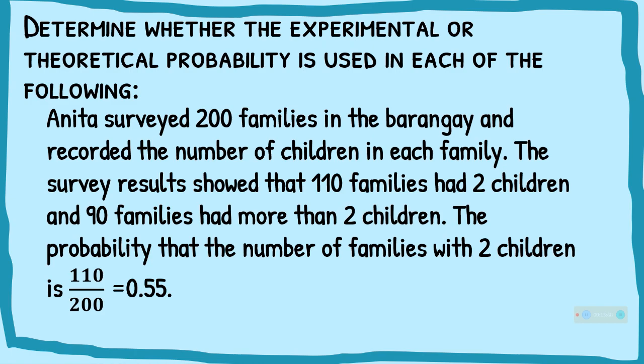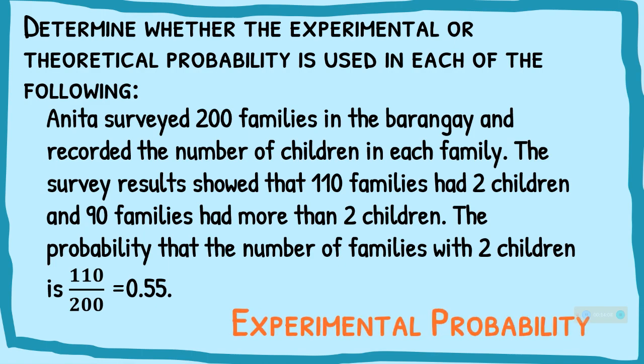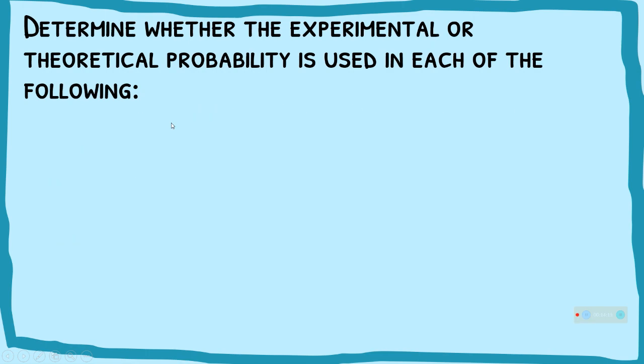The survey results show that 110 families had 2 children and 90 families had more than 2 children. The probability that the number of families with 2 children is 110 out of 200. What type of probability is this? Correct. We have the experimental probability because we have performed a survey.